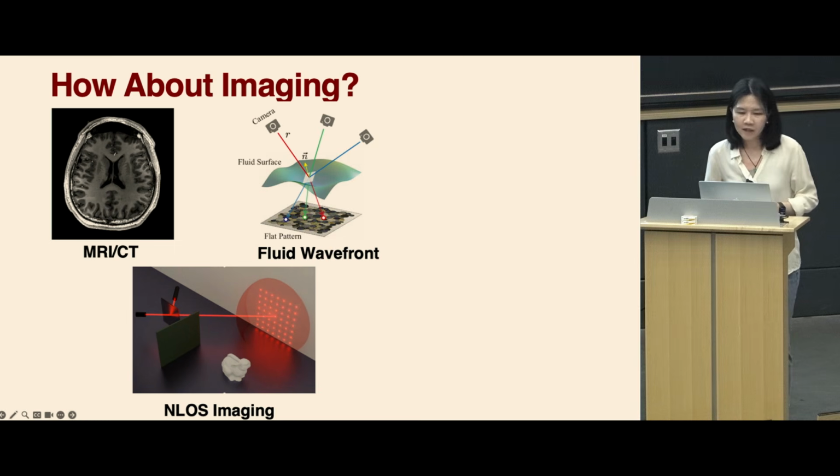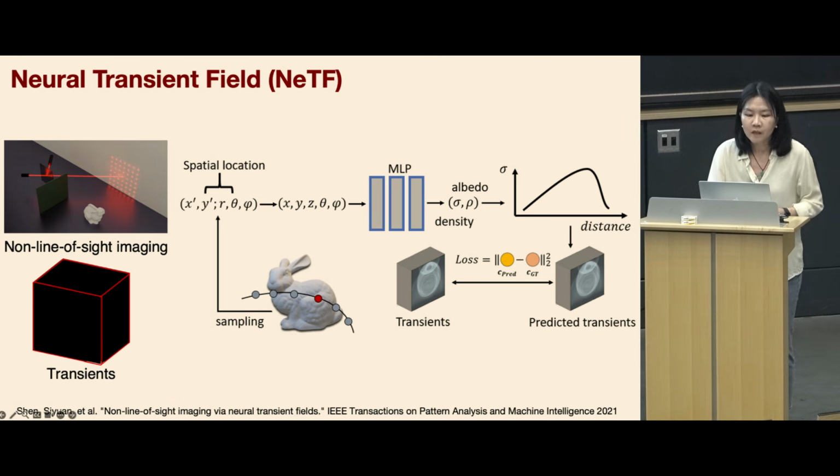By far, the generation and understanding pipelines are for RGB images, but why not extend to more imaging modalities? The first example is neural transient fields, which we call NeTF, in NLOS. NLOS aims to recover hidden scenes from time-resolved measurements, or transients. Five years ago, we proposed to use NeTF to represent the scene.